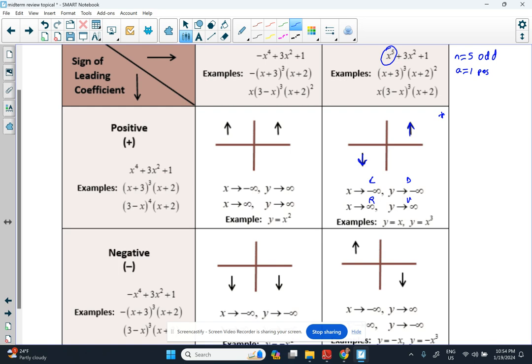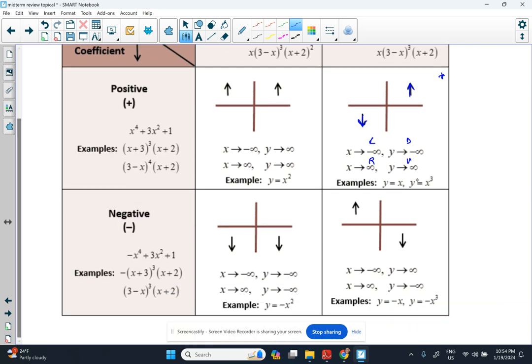Now let's look at the next case, the one right below. So an example would be y equals negative x cubed. The term containing the highest exponent is negative x cubed.